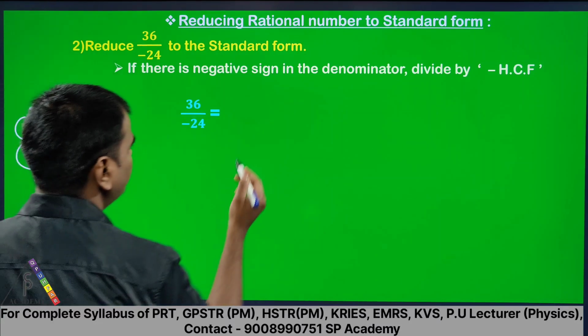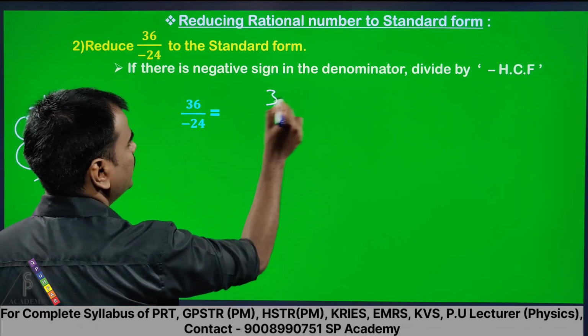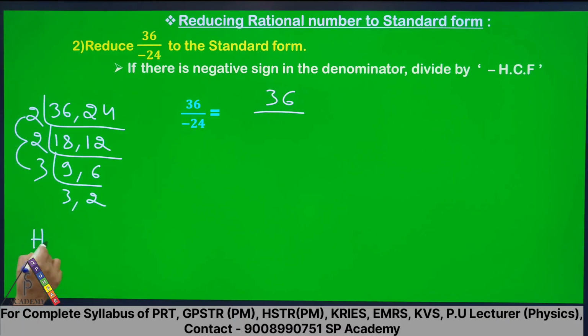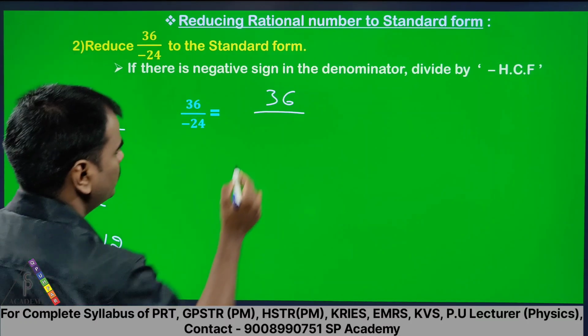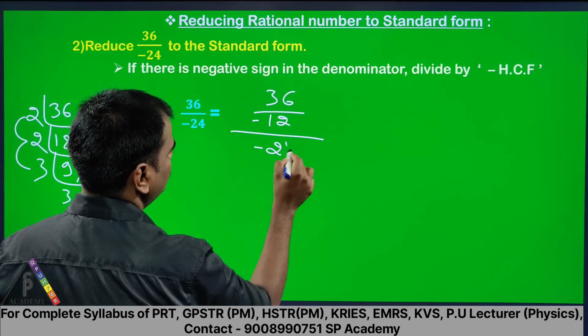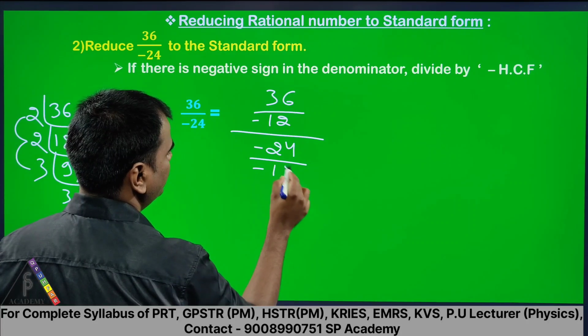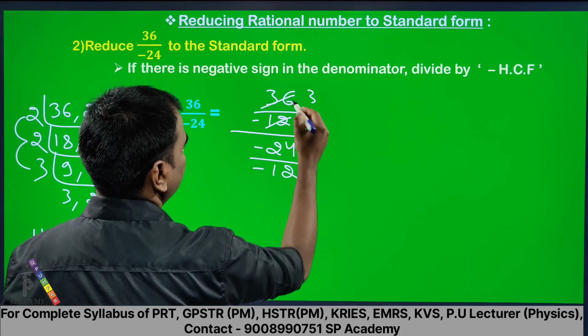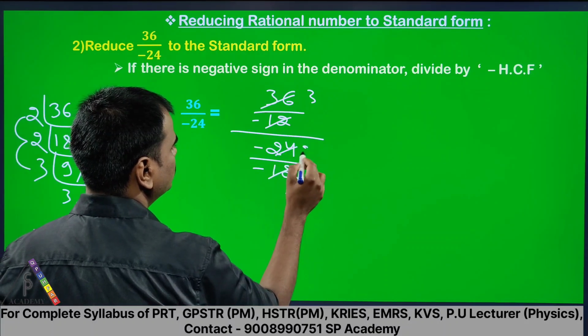Therefore we have to divide numerator and denominator by the negative HCF. The HCF is 12. Therefore 36 divided by minus 12, minus 24 divided by minus 12. 12 3s are 36, 12 2s are 24.